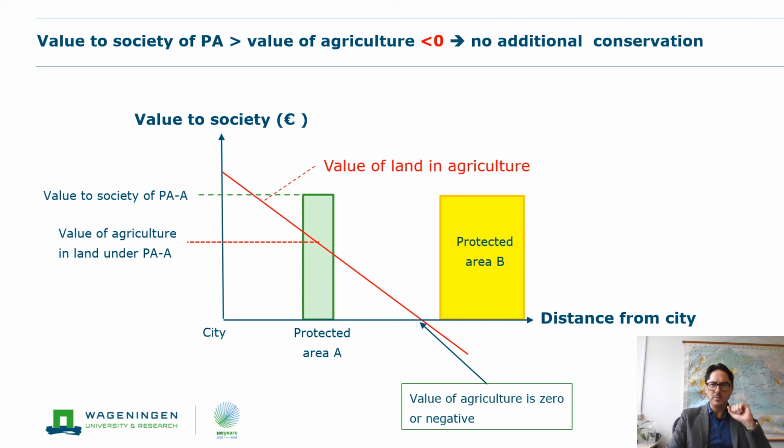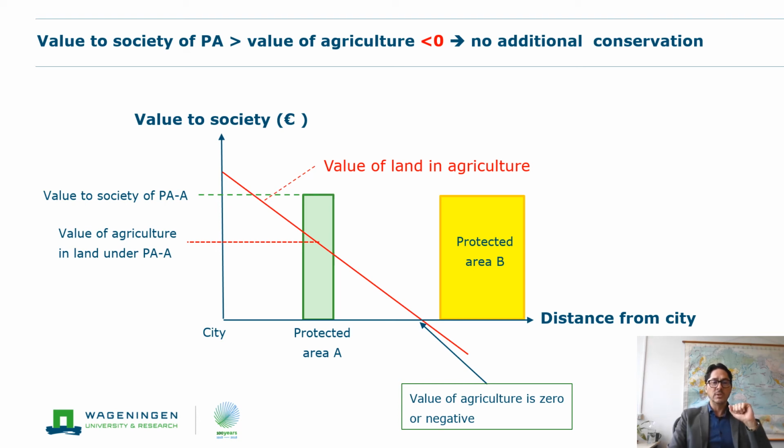So there is going to be no agriculture. And even if protected area B has a big value to society, if you protect that land, you are not going to achieve much additional conservation. So there is no additional conservation. Why? Because that land would not have been converted to agriculture in any case.